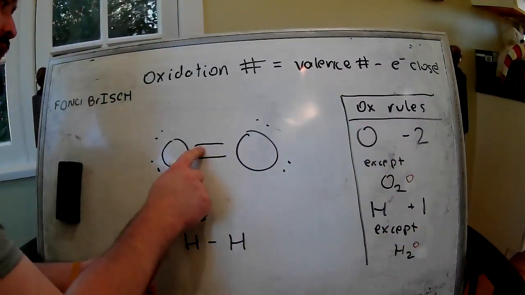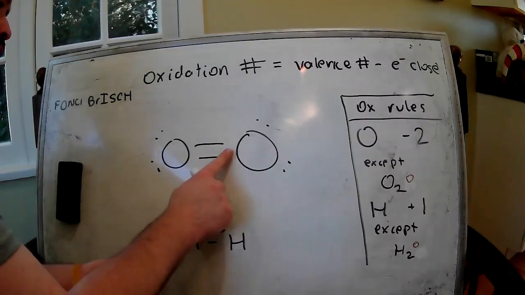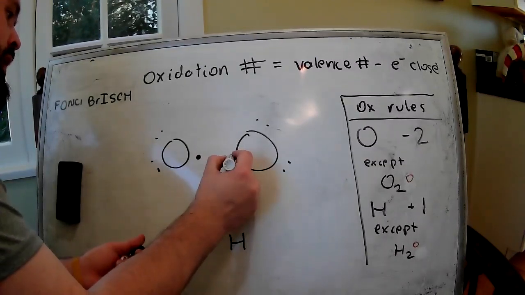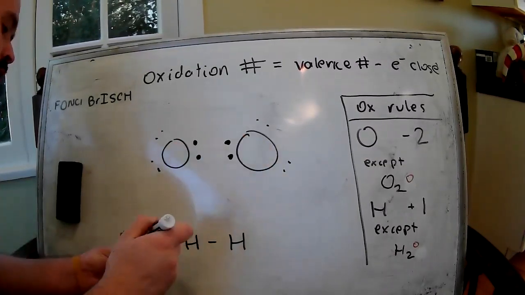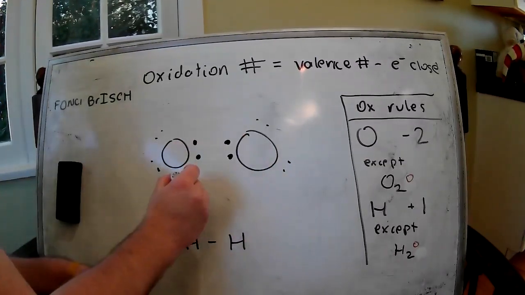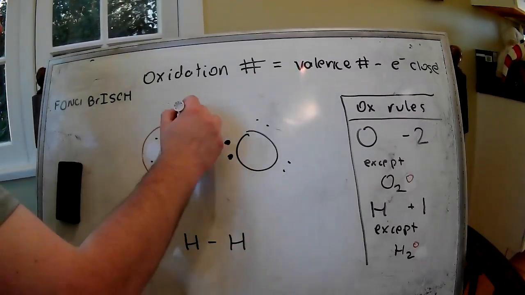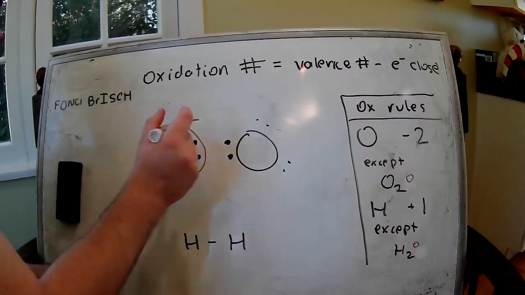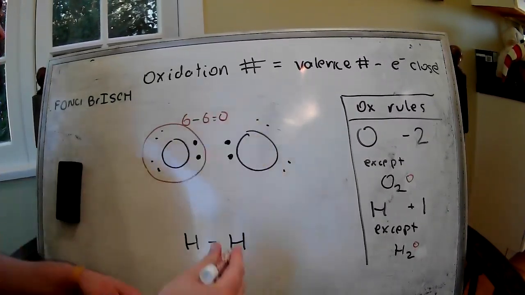So let's go ahead and divvy up the electrons in these bonds. They're both non-polar. So each of those bonds is going to split evenly. And now if we apply our technique here, 6 minus, that's our valence number, 1, 2, 3, 4, 5, 6 equals 0.